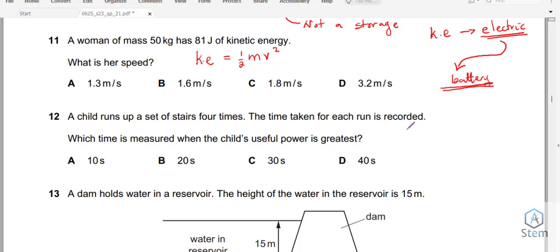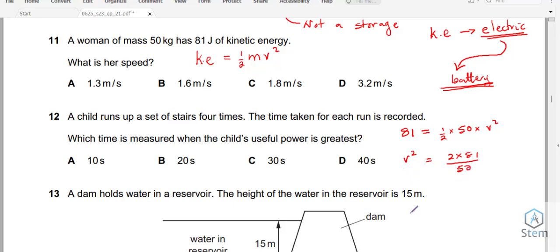So 81 is equal to 1/2 times 50 times v squared. That gives us v squared is equal to 2 times 81 divided by 50.